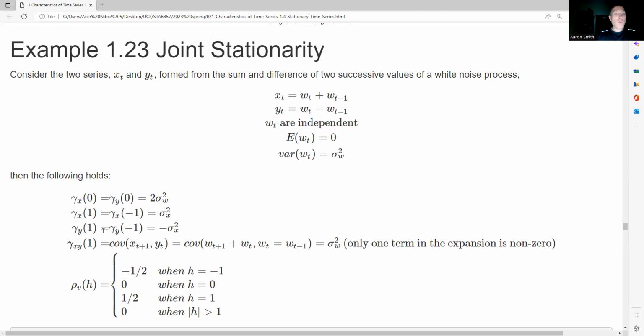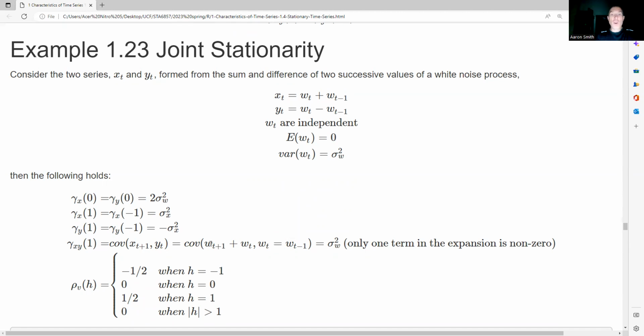We get similar for y, but we have a negative value because of the subtraction. This should be a negative sign there.